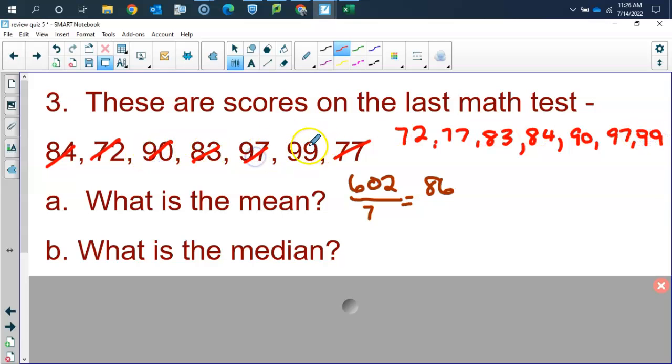When I do this, guys, please count the numbers. There are 7. Count your list to make sure you have all 7.